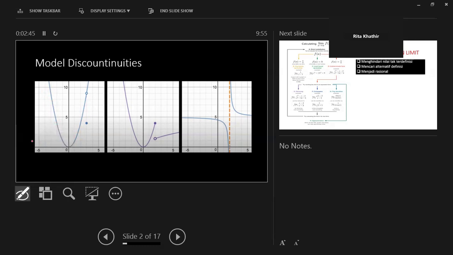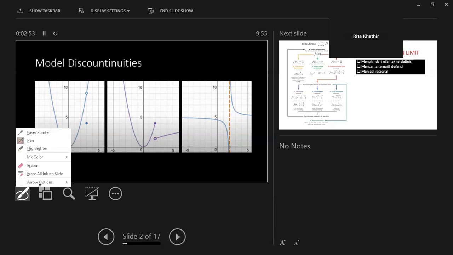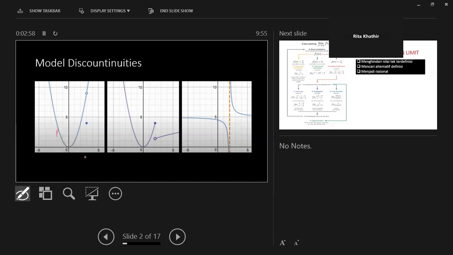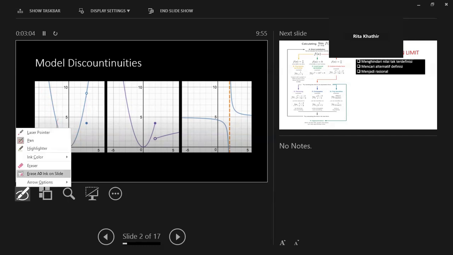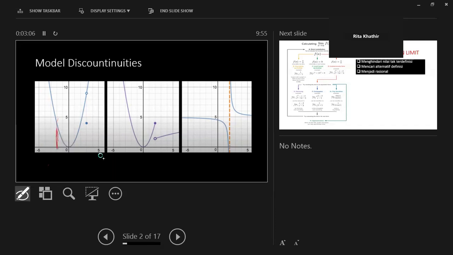I will show you, for example, you go to x equals -2 here. This line is x equal to -2, right?